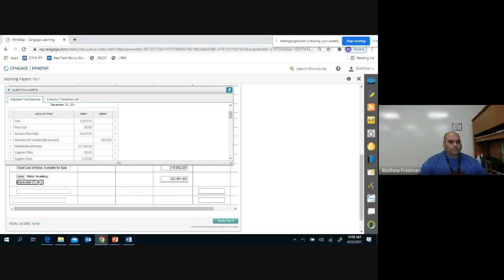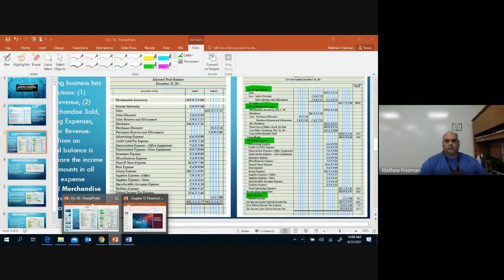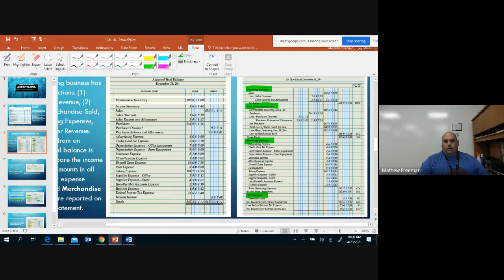So now this is going to give us our cost of merchandise sold. And that's what we'll end up with, that cost of merchandise sold when we subtract this from our 300,000.